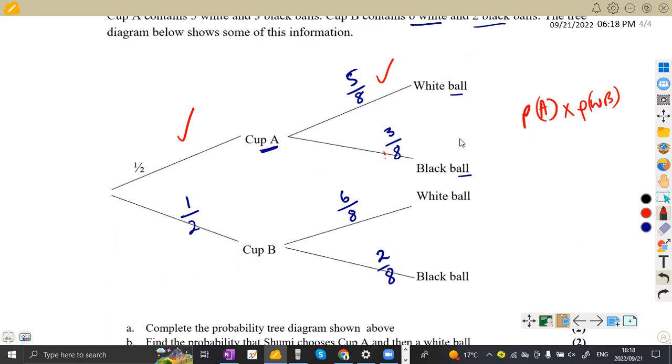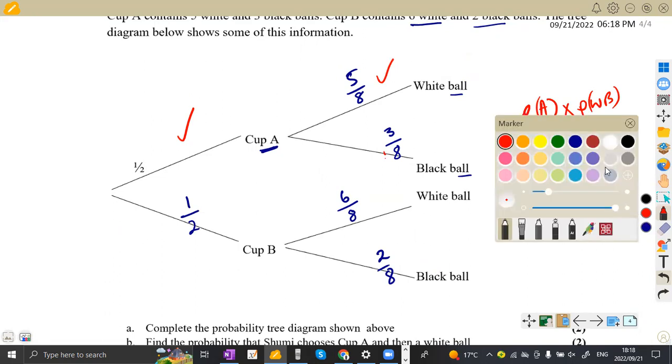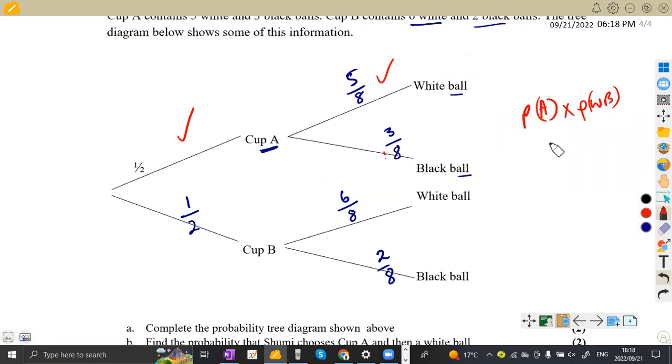Cup A is 1 over 2, times a white ball in this same cup with what?